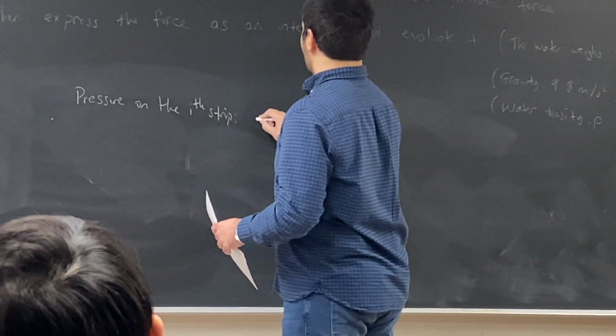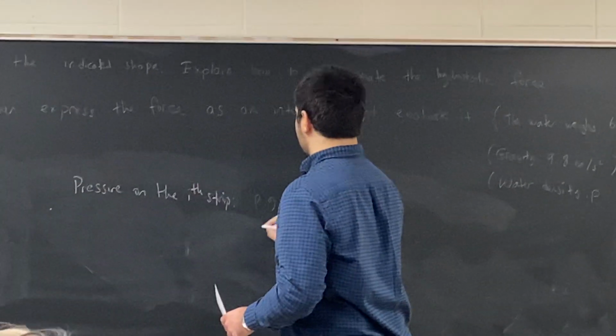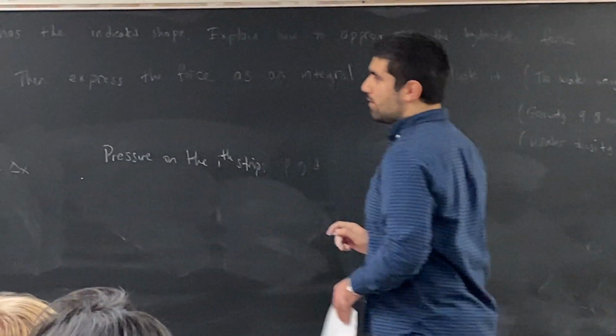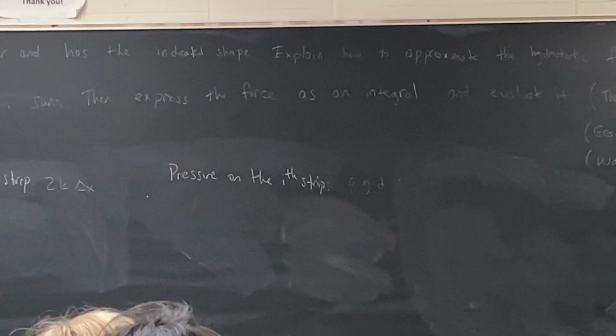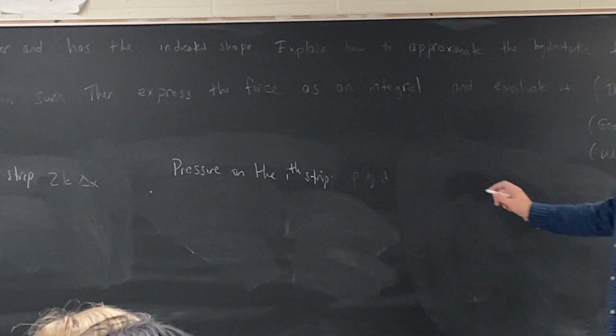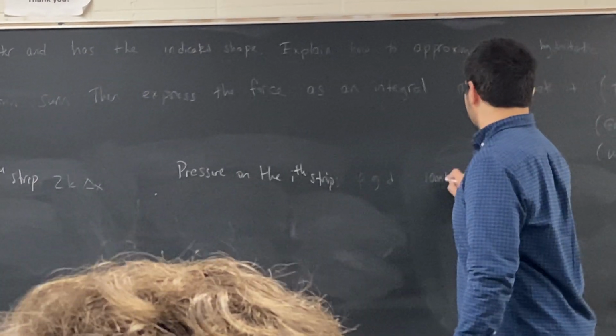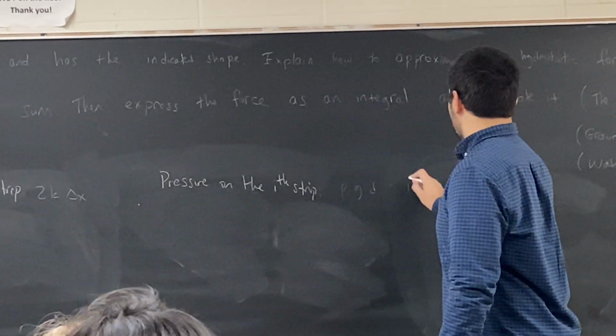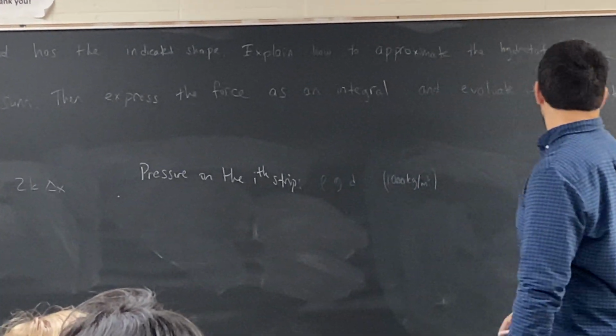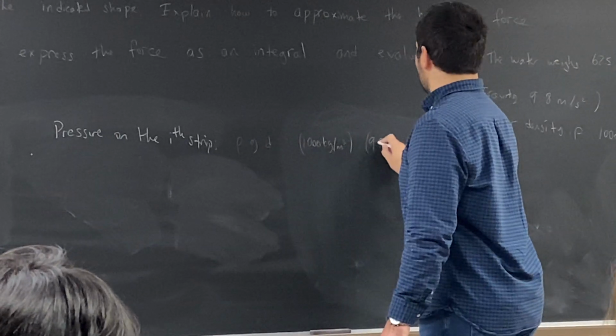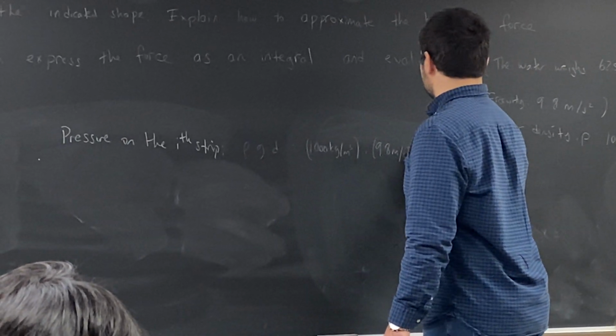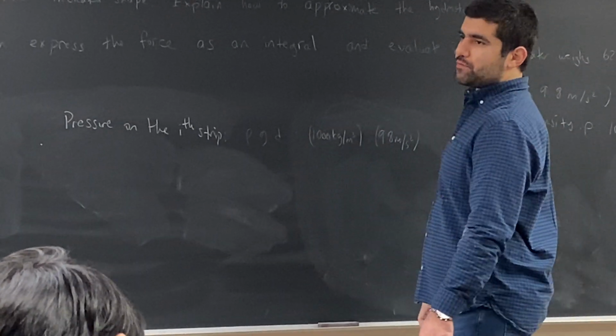It will have to be rho, g, and depth. What is the density of water? It's 1,000 kilogram per meter cube. And the gravity is 9.8 meter per second squared. What about the depth of the strip?